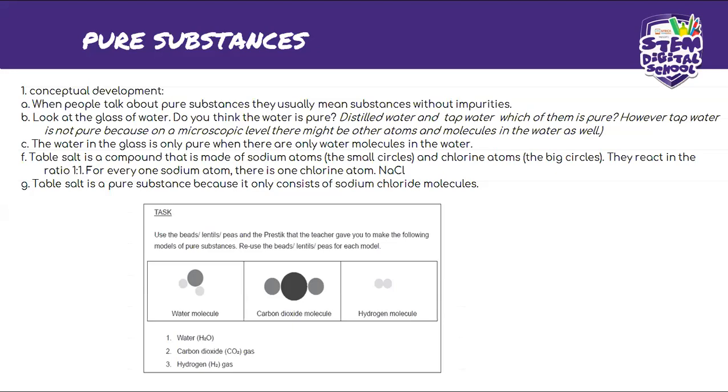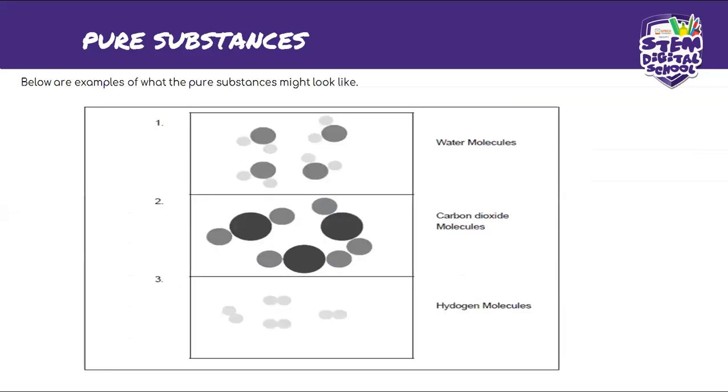They react in a ratio of 1:1. What it means is that the sodium is made up of one atom, chlorine is made up of one atom, and they come together. So table salt is a pure substance because it only consists of what? Sodium chloride molecules.